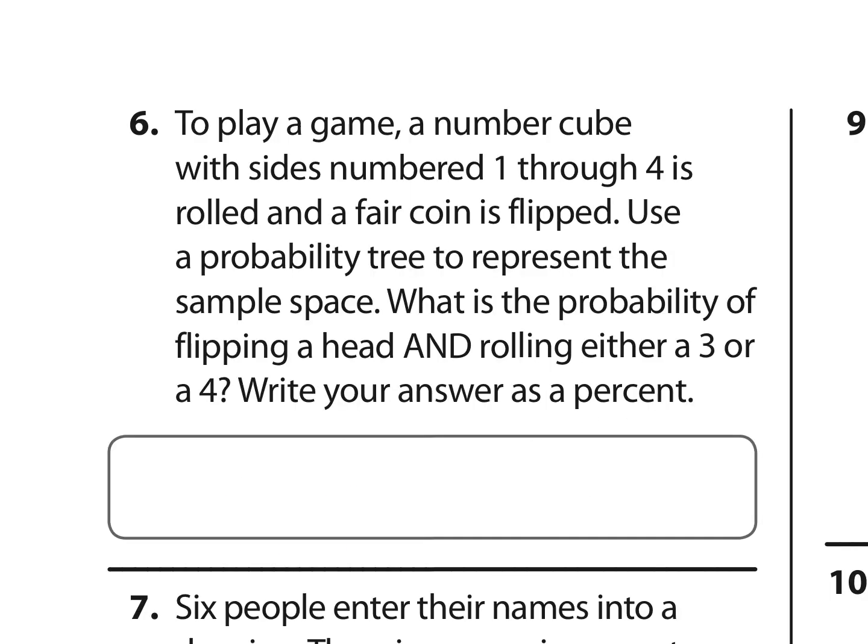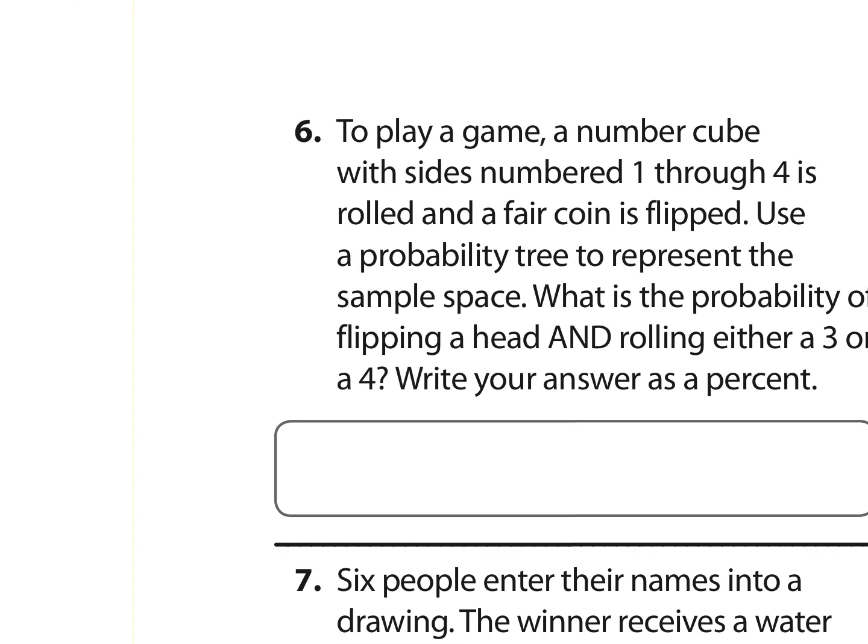Number 6, to play a game, a number cube with sides numbered 1 through 4 is rolled and a fair coin is flipped. Use a probability tree to represent the sample space. What is the probability of flipping a head and rolling either a 3 or a 4? Write your answer as a percent. So I'm going to make a quick little probability tree in the space here.